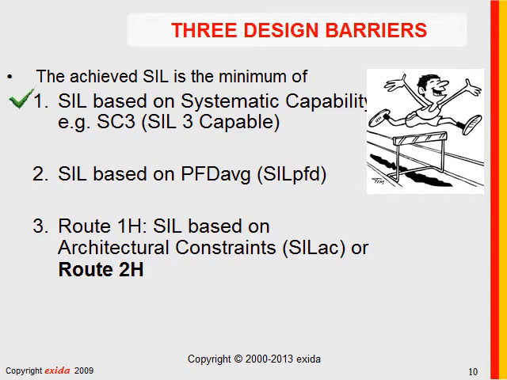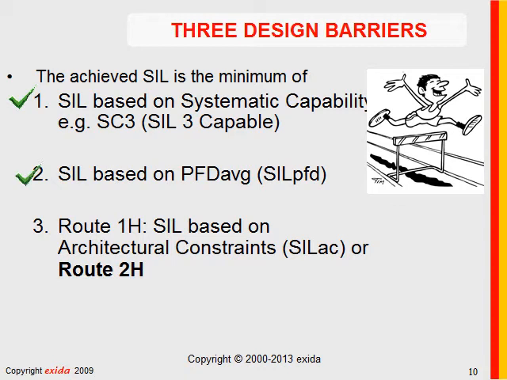First of all, you need to check systematic capability. This is a measure of design quality. In the world of 61511, you can either purchase a product that is 61508 certified, or you can do your own prior use justification.